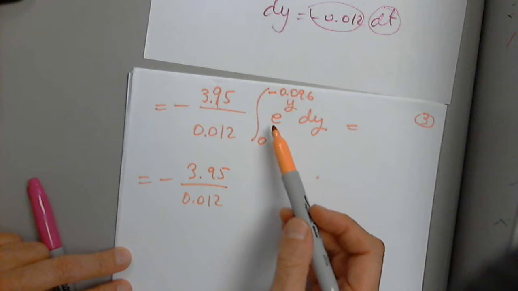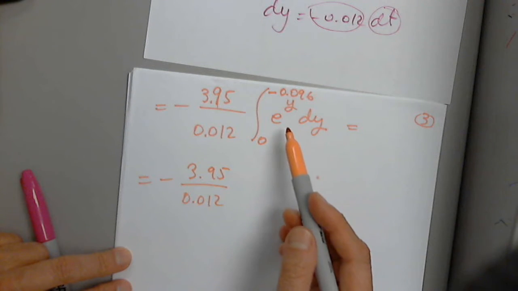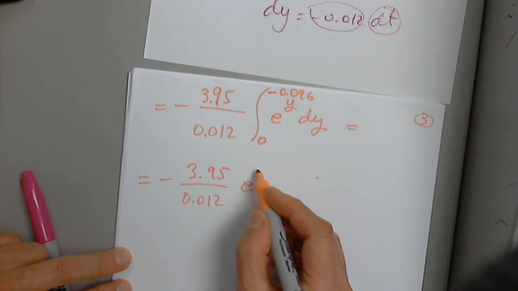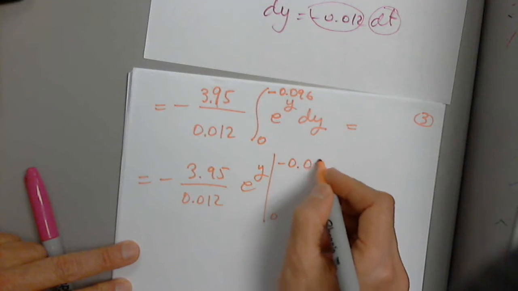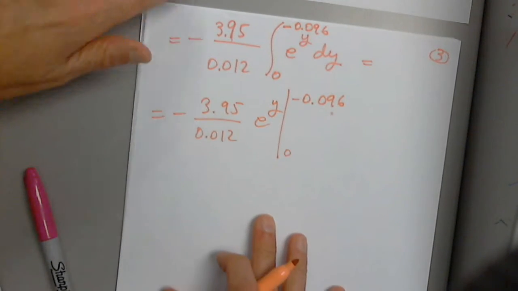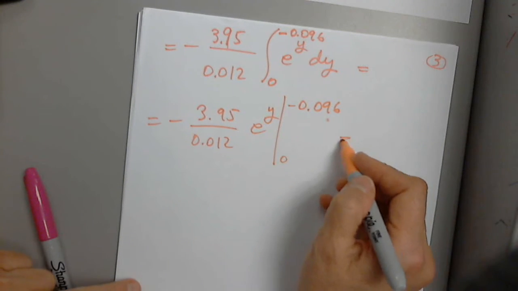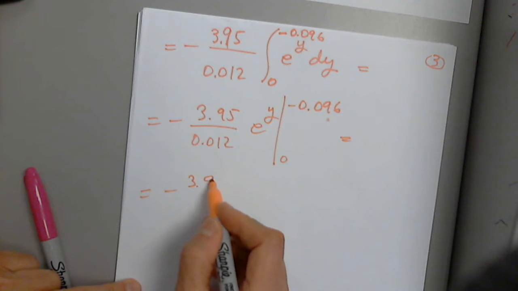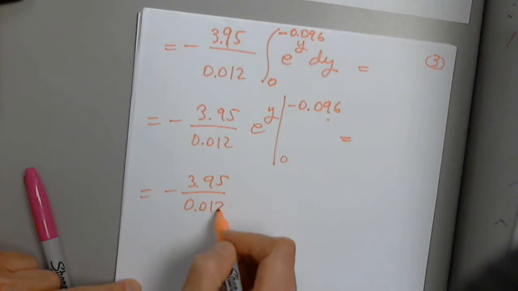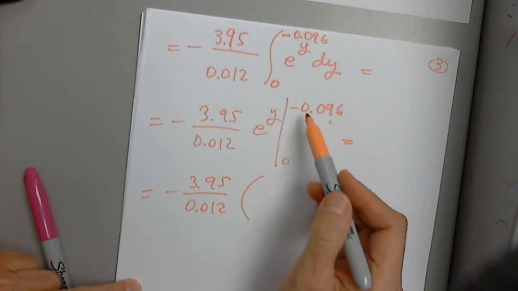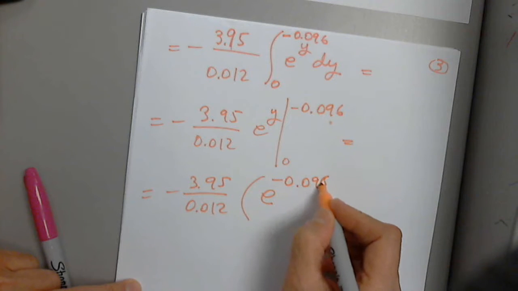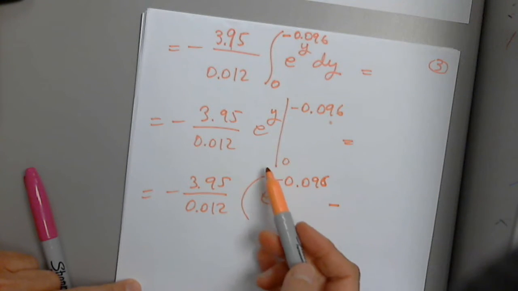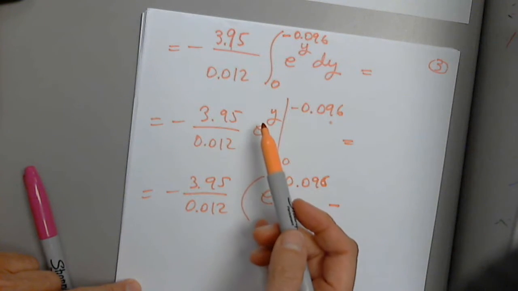What function prime is e to y? E to y. Of course. So then from 0 to negative 0.096. What do we do next? We keep the number outside, and we plug in the upper limit, e to negative 0.096 minus, when I plug in 0, what do I get?